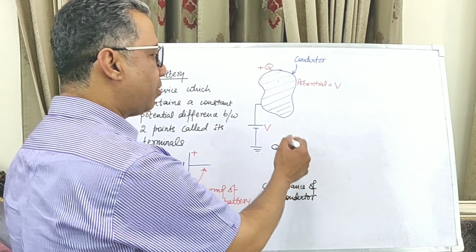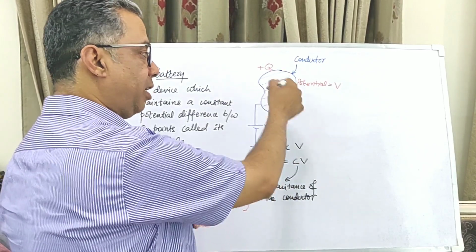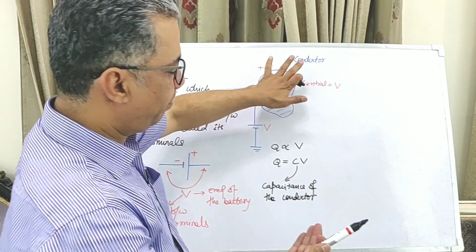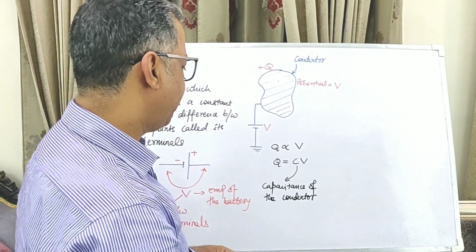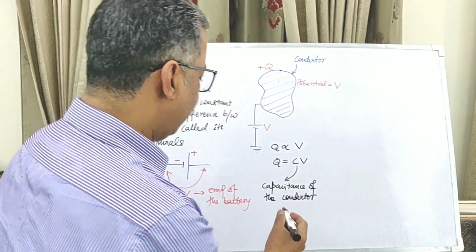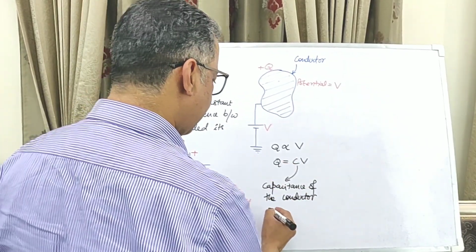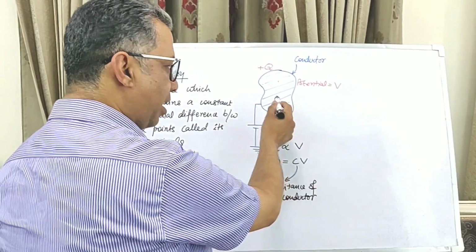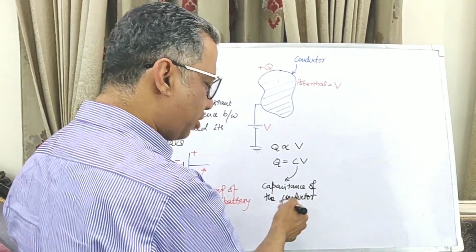It depends, of course, on the geometry, the shape and size of the conductor, and the way it is oriented with respect to the earth. So it's a constant here, and this constant is called the capacitance of the conductor-earth system, actually, not just the conductor.